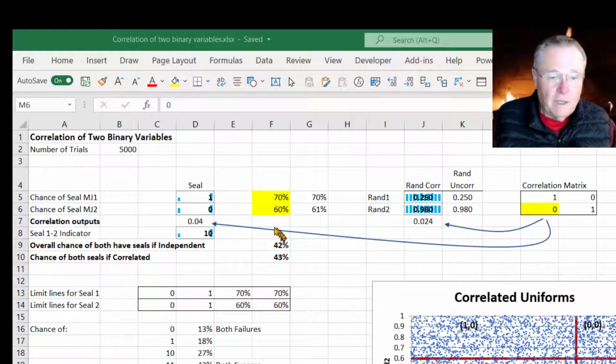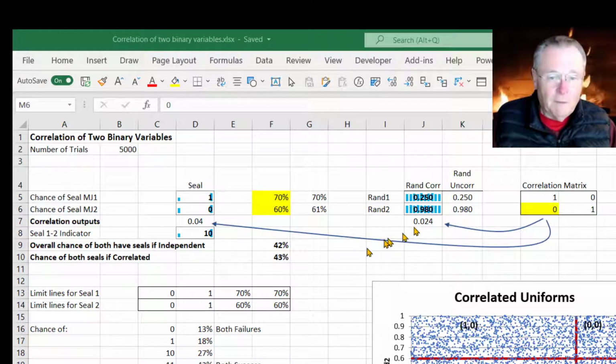And so we can look at the correlation of these two random variables that are in 0 and 1s. They're only 0 and 1s. And that correlation, rather than being exactly 0, which is what theoretically it should be, is really 0.04, which is very, very close. Also, the correlation of these two uniform distributions is 0.24, also very close to 0.